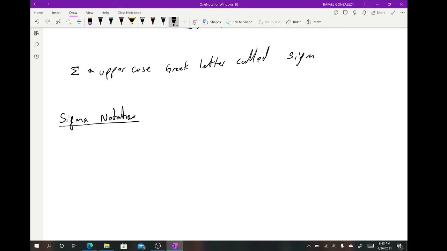Sigma notation is a neat and very concise way of writing sums, either finite sums or infinite sums. So with sigma notation, the sum of n terms, let's say a1, a2, a3, all the way up to an, is written in the following way.